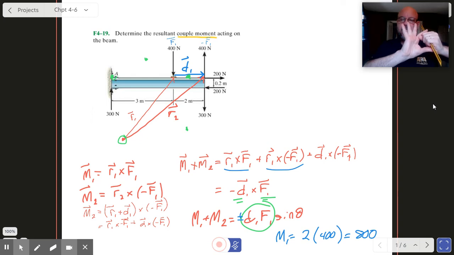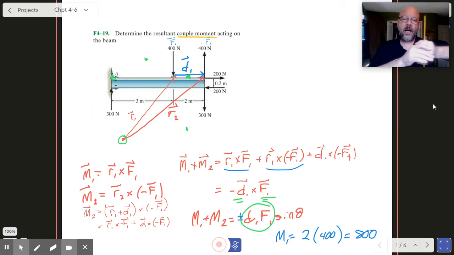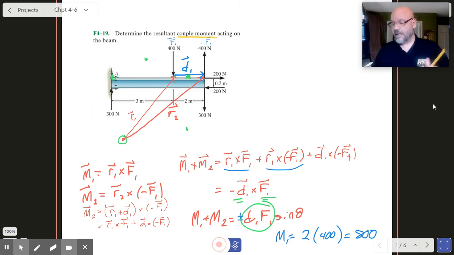So my rotation like this doesn't put any stress on the actual mechanism other than to twist it. So it doesn't try to push it towards me, it doesn't try to push it away from me or up or down. All it is going to do is try to rotate the thing. So we actually use these force couples quite a bit. Now let's get to this actual problem.